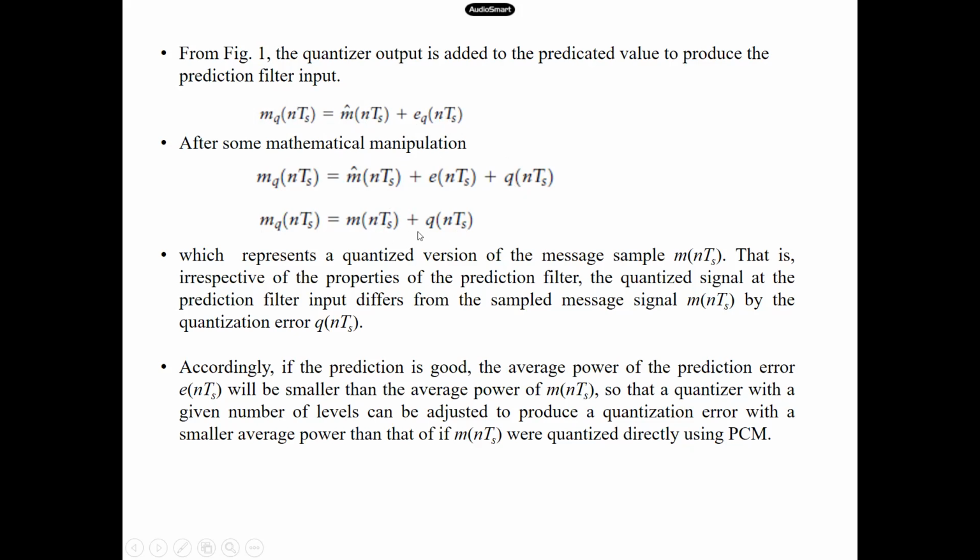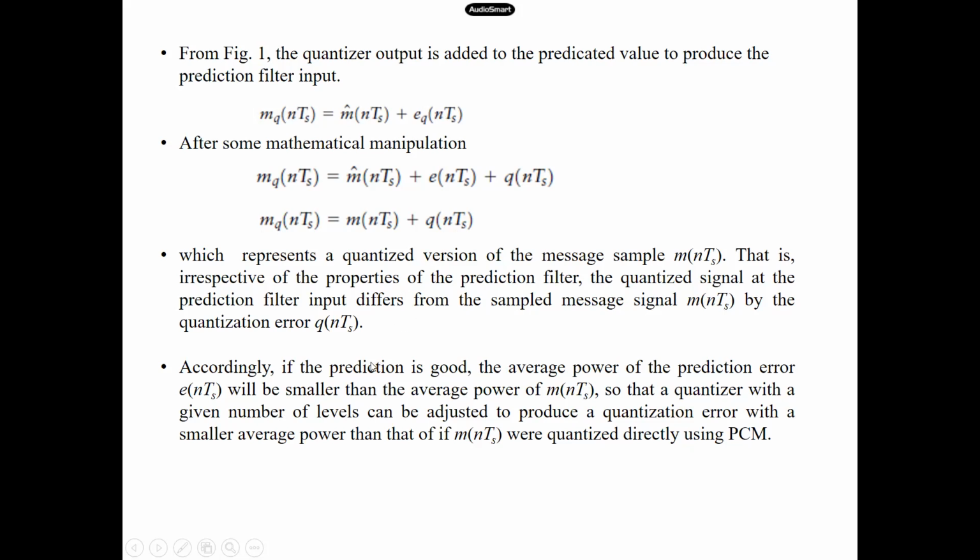So we can say mq(nTs) equals m(nTs) plus q(nTs), which represents a quantized version of the message signal, irrespective of the properties of the prediction filter. The quantized signal at the prediction filter input differs from the sampled message signal by the quantization error.